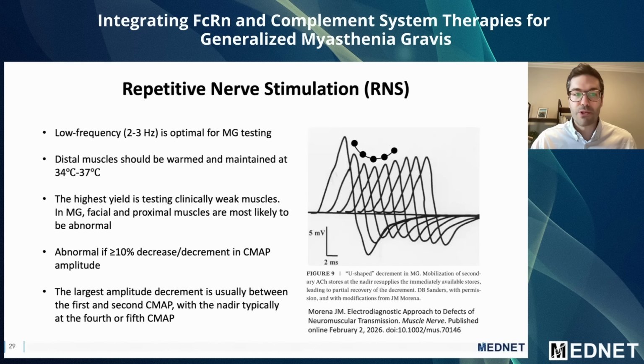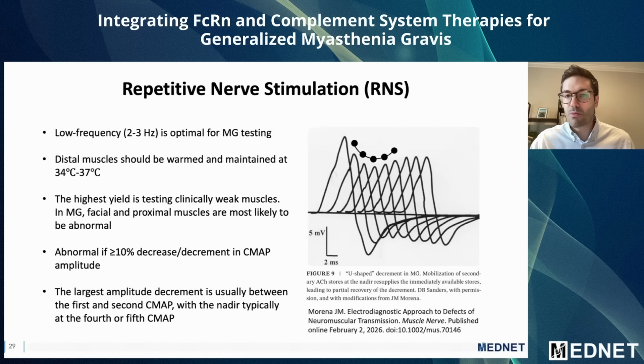It is abnormal if there is a greater than or equal to 10% decrease, or decrement, in the compound muscle action potential amplitude. The largest amplitude decrement is usually between the first and second CMAP, with the nadir typically at the fourth or fifth. So we can see here on the right, the largest decrease from the first to second, the nadir at the fourth.